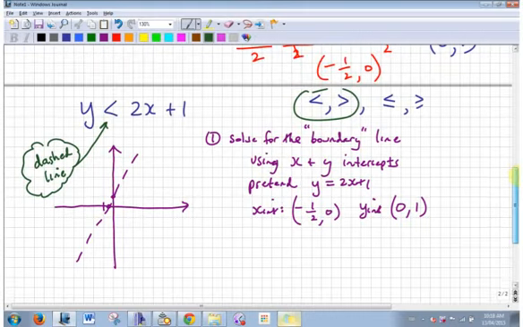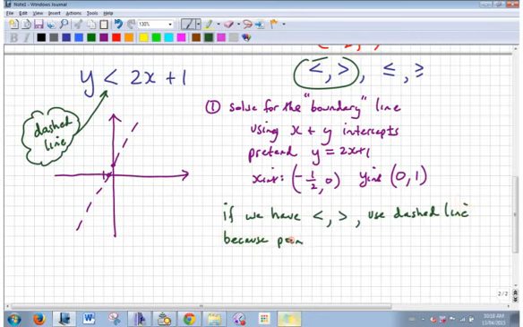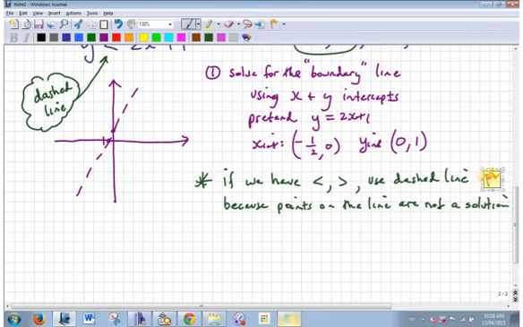So let's make a point about that. If we have less than or greater than, use a dashed line because points on the line are not a solution to that equation.